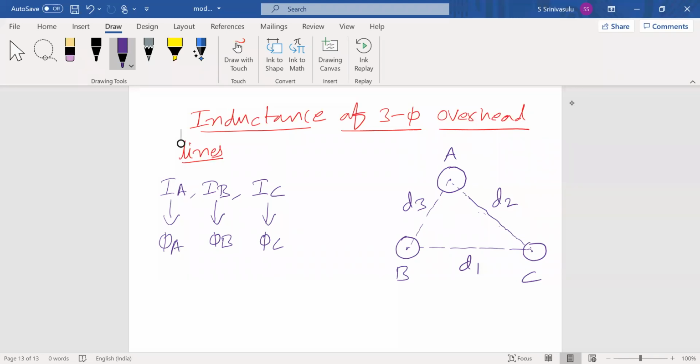Conductor C carries the current IC, and the flux created is phi C. Wherever current is flowing, some flux will be created around the conductor.